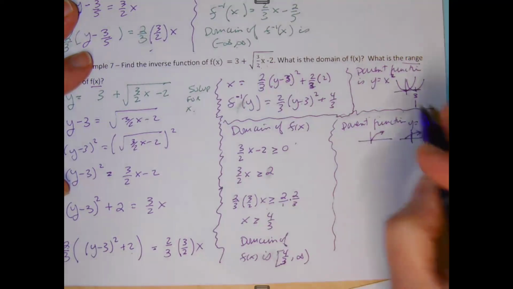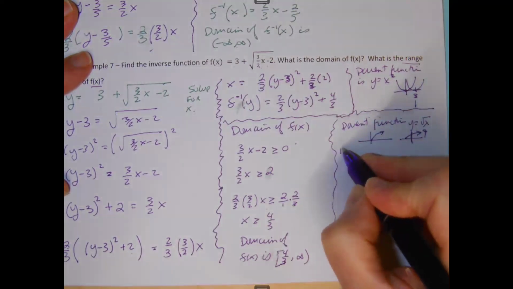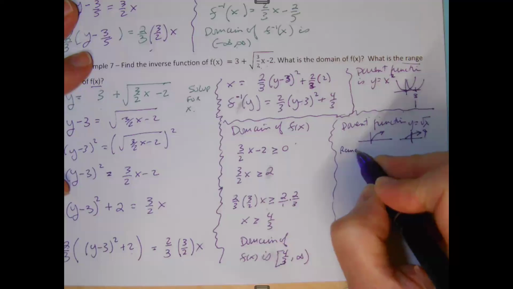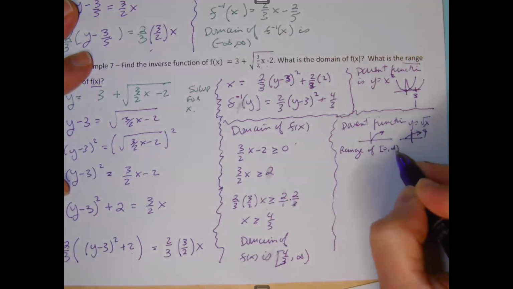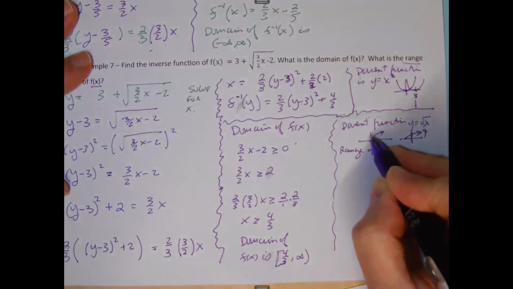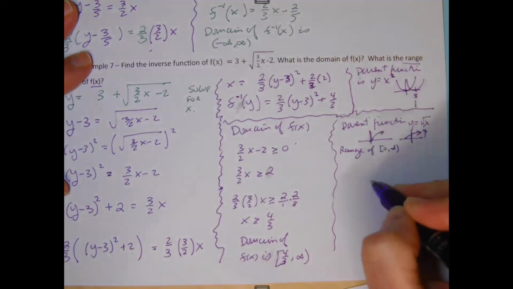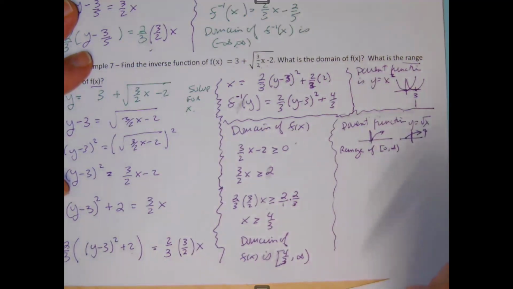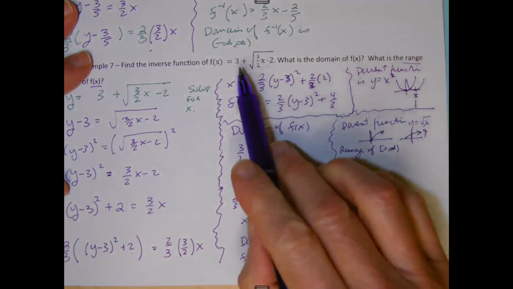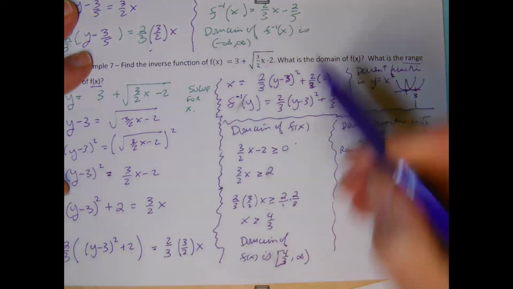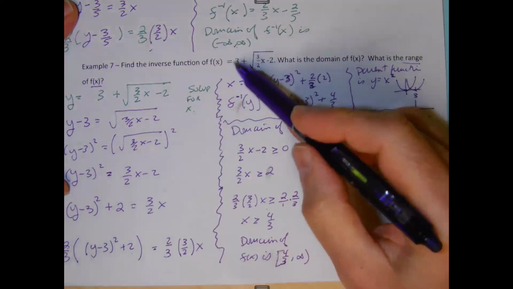So the parent function has a range starting at 0 to infinity. Again, the vertical is the range. You can see that is the range, 0 to infinity. What has happened to this range now? Well, it looks like I've added 3 to it.